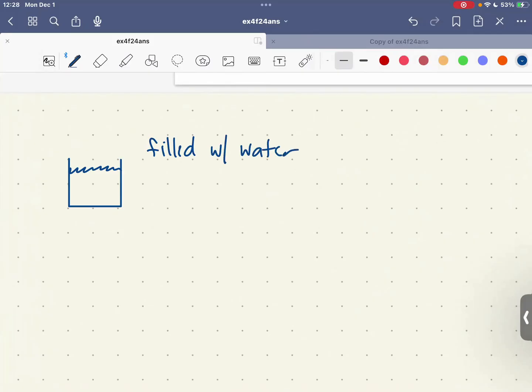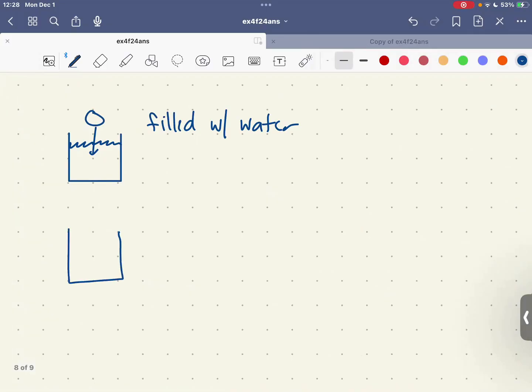If we then put some object in, normally it's some sort of ball, let's put this ball in. This ball is going to displace an equal volume of water.